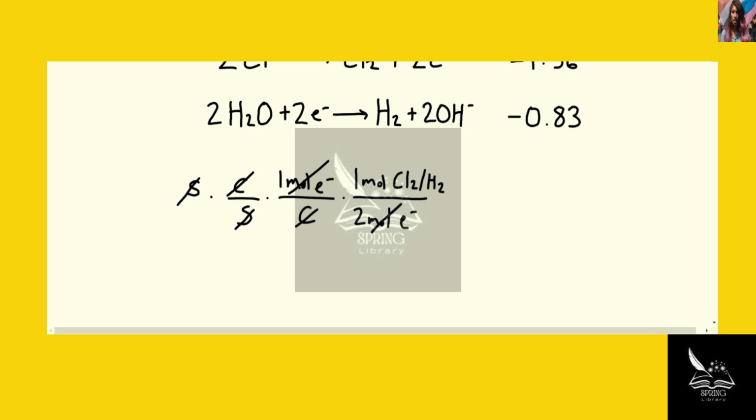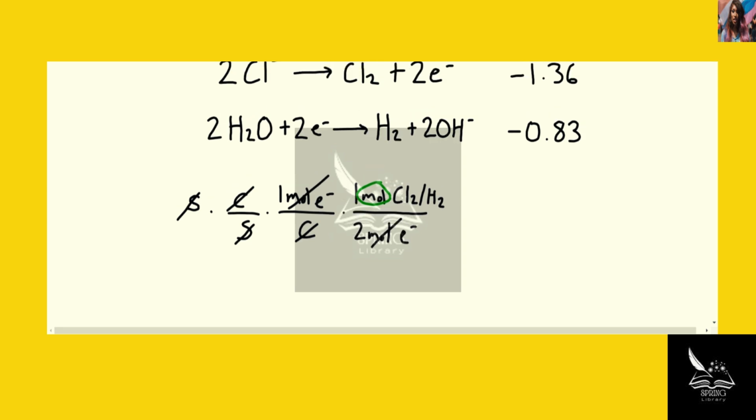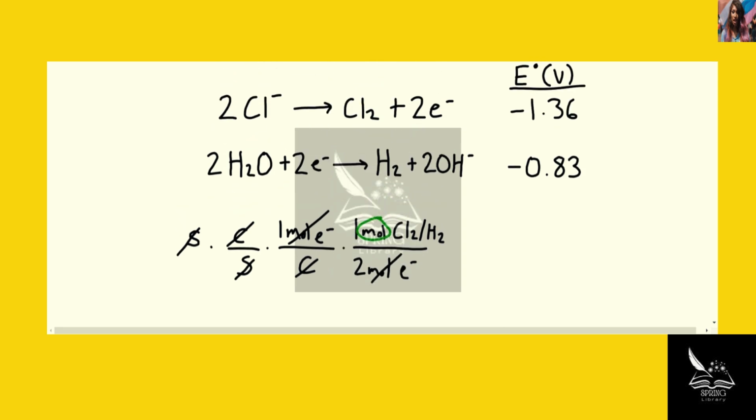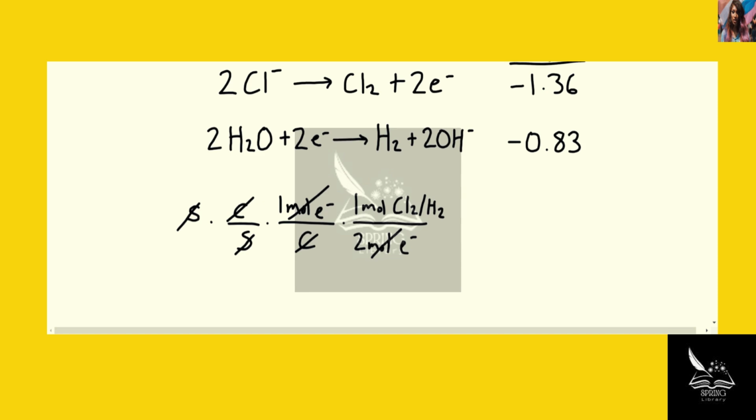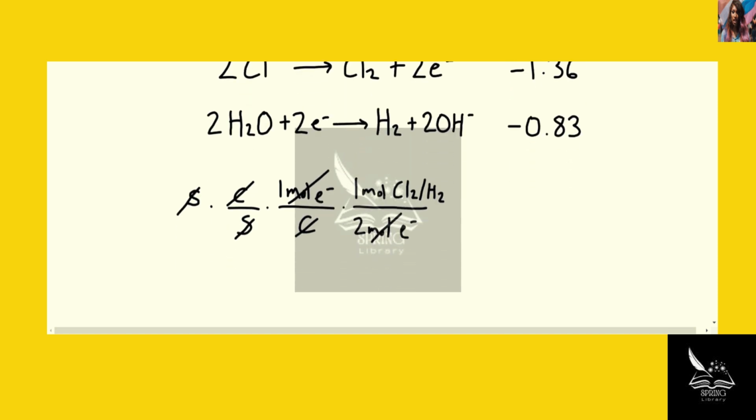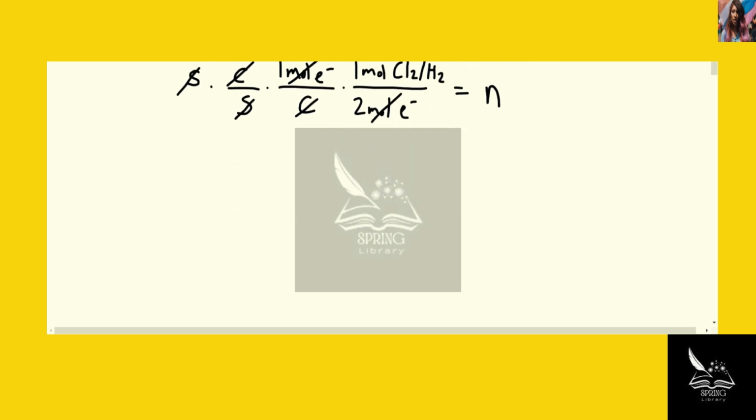And so now that we have fully converted into the total number of moles of either Cl2 or H2 gas that we have produced, we see that everything else being the same, meaning the current that we run through it and the time frame, based on the stoichiometry, since this ratio is the same for either gas, then the number of moles that we produced, which we can call n, is the same in each case.